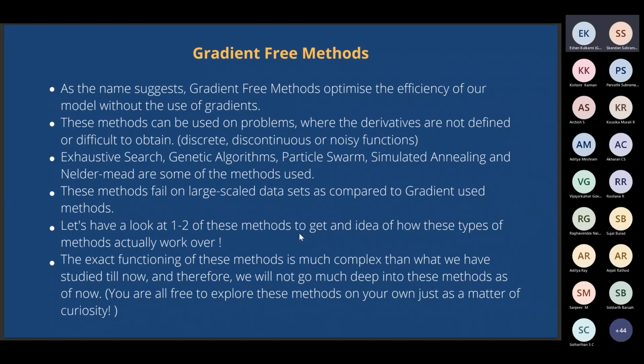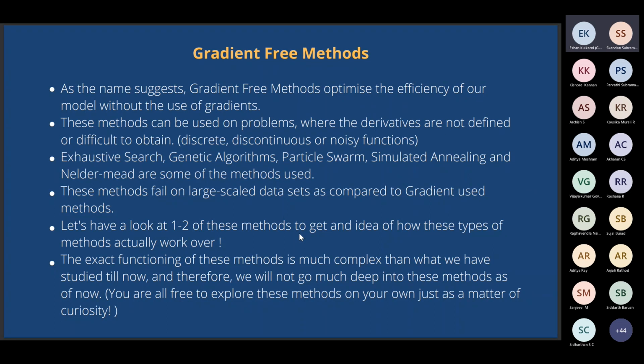These methods can be used, as I said, for problems where you have discrete, discontinuous or noisy functions. The types of gradient-free methods are exhaustive search, genetic algorithm, particle swarm, simulated annealing, and Nelder-Mead. These are some examples of gradient-free methods.